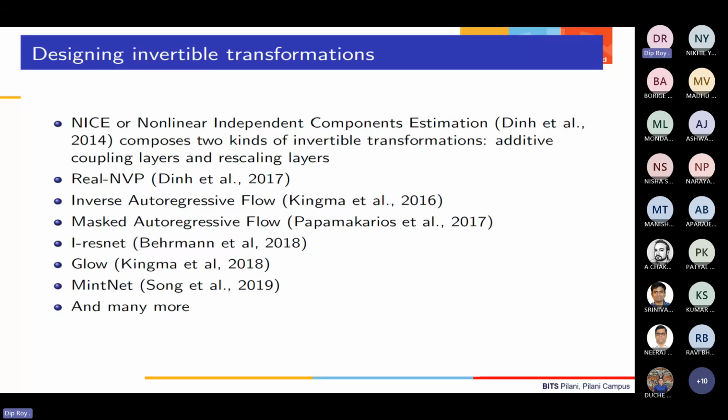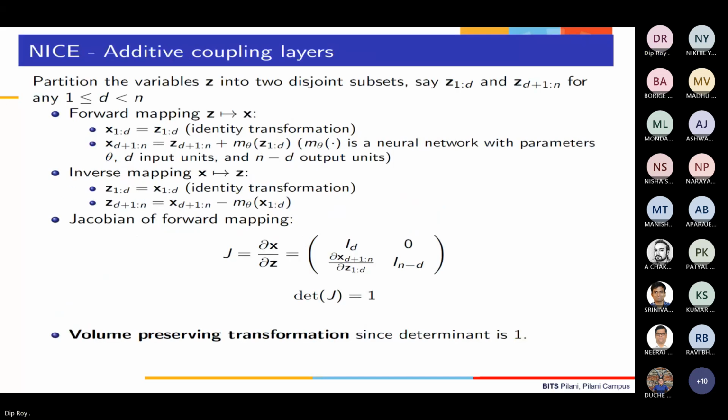Architectures, basically. The first architecture that we'll go through is NICE, the additive coupling layers, and let me explain it in a very simple manner. This is the forward transformation, z to x.